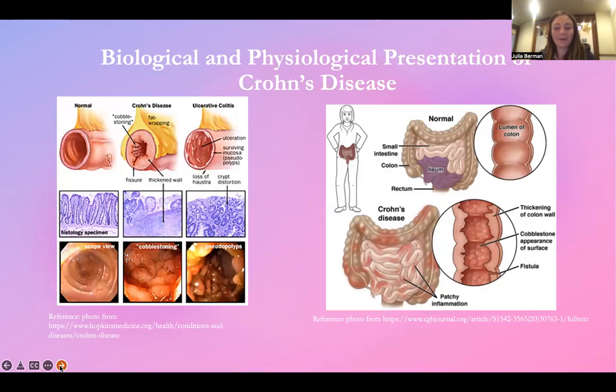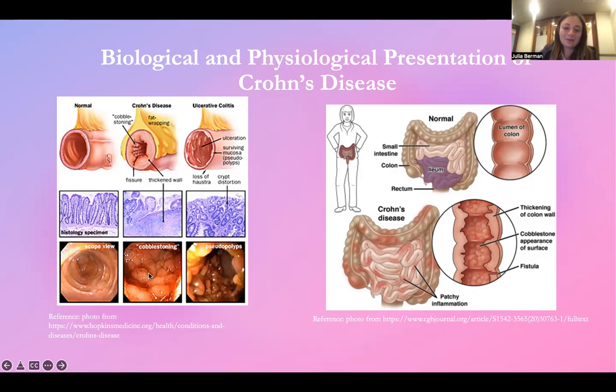So I want to talk just briefly about the biological and physical presentation of Crohn's disease. As you can see here in this image, Crohn's disease really affects the tissue of the bowel. You can see here there's a thickened wall of the tissue, and here are the epithelial cells, showing abnormal architecture in Crohn's disease.